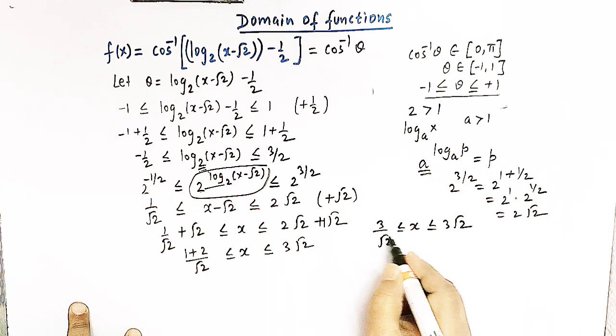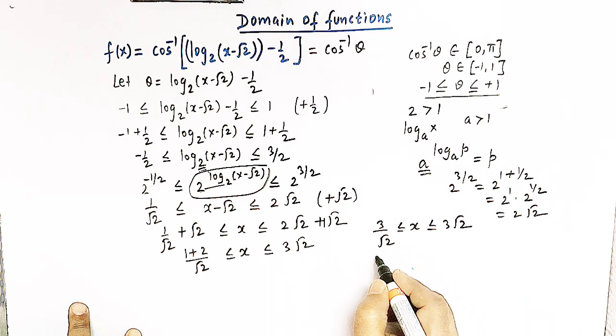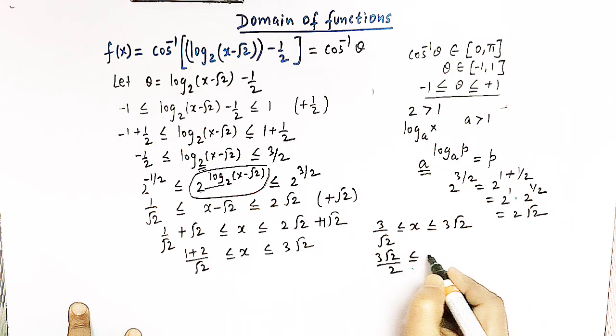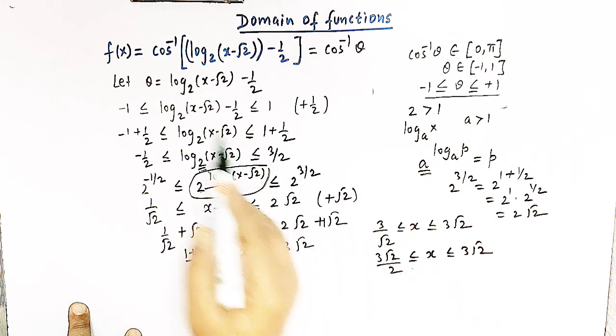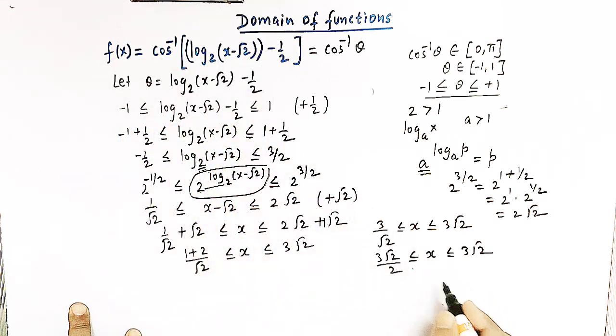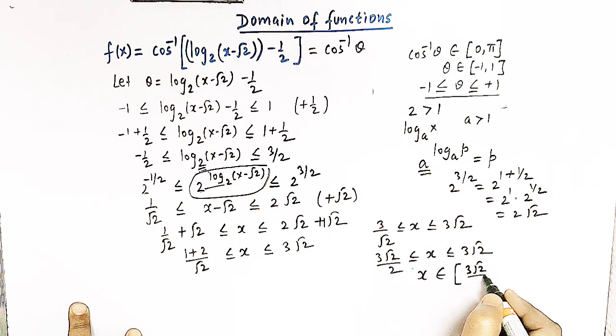Now rationalizing the denominator, we have 3 root 2 over 2, then x, and 3 root 2. So the domain of this function is given by x belonging to the interval 3 root 2 over 2 comma 3 root 2, and remember that both the extreme points are also included.